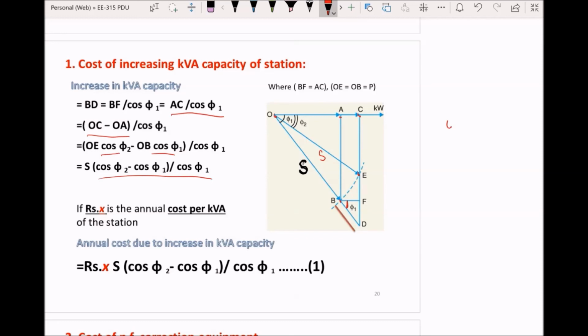And if rupees X is the annual cost per kilowatt of the station, then the annual cost due to increase in kVA capacity will be equal to equation 1.